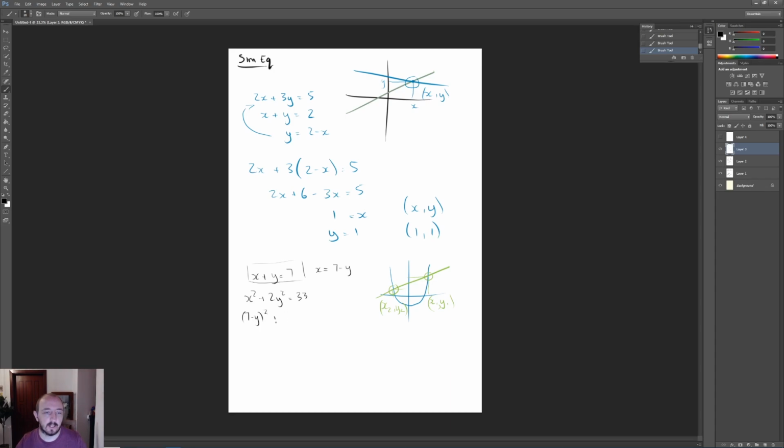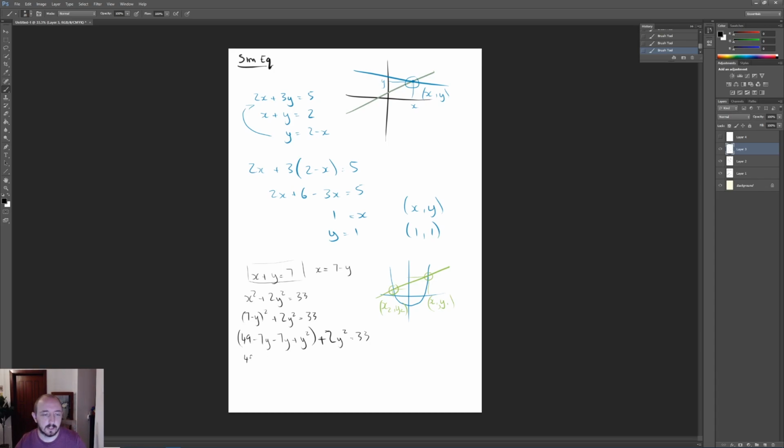So we're going to substitute for x, and then multiply that out. So 49 minus 7y minus another 7y plus y squared, plus 2y squared equals 33. And then we're going to collect these together.